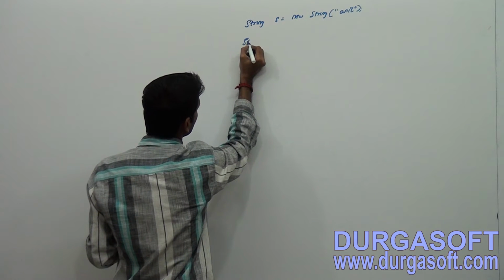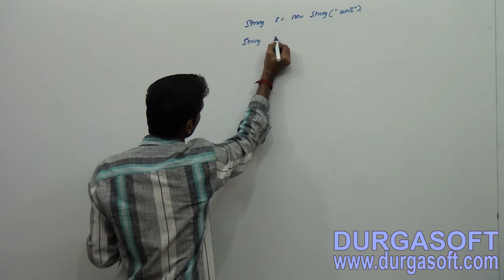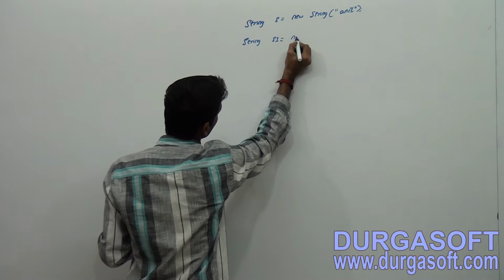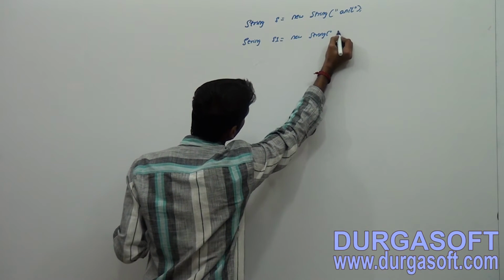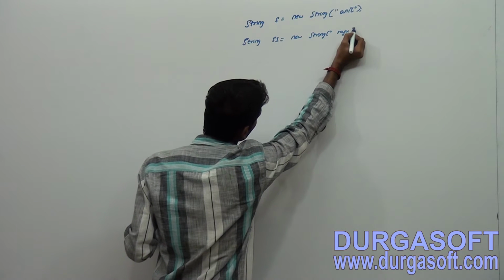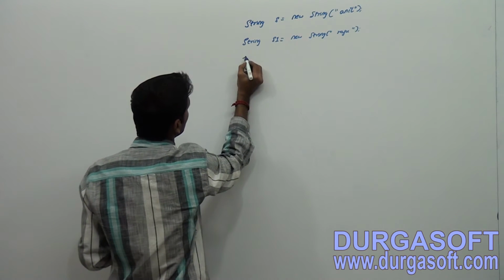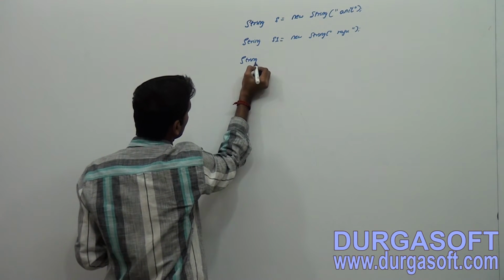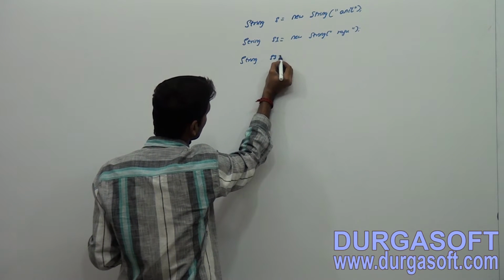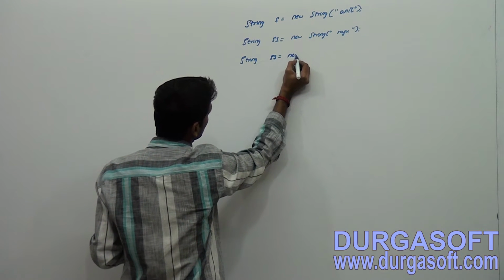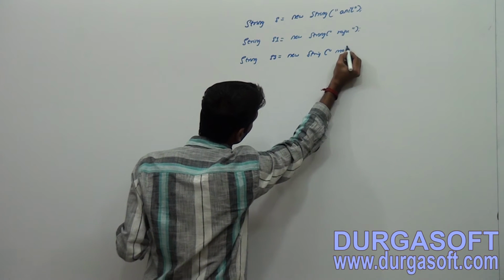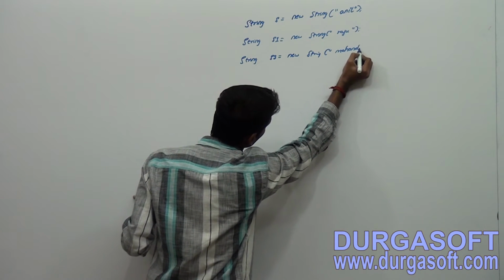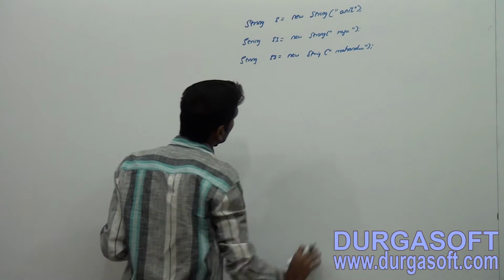Now a string s1 equals new String of Raju. Getting? Now string s3 equals new String of Mohandu. Okay, now observe here.